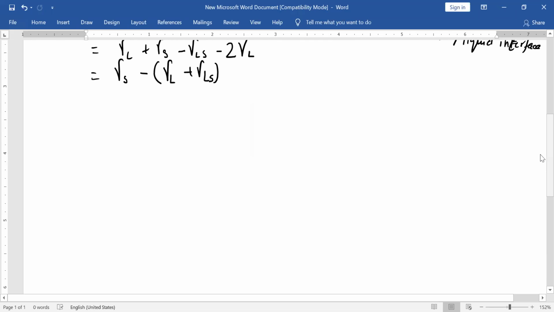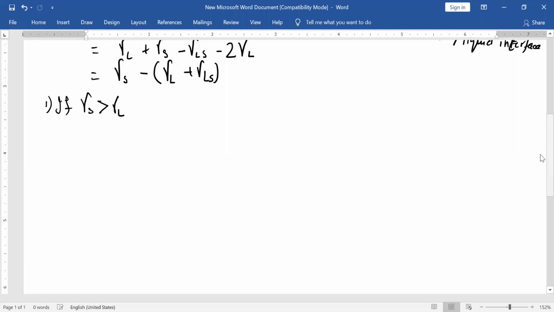Suppose the first condition is if delta S is greater than delta L plus delta LS, then S is positive. अगर पॉजिटिव है that shows spreading.